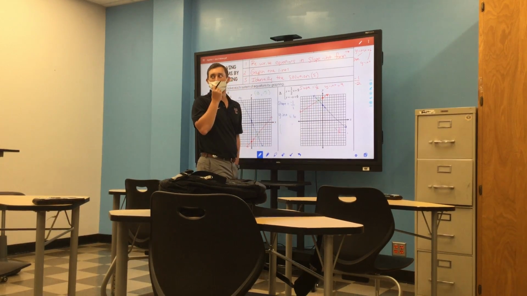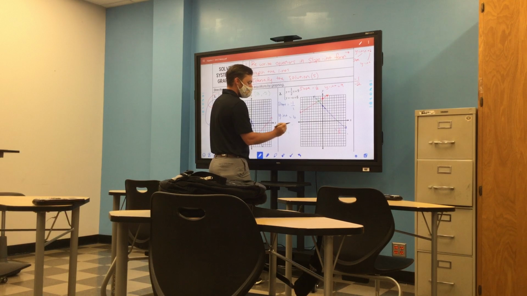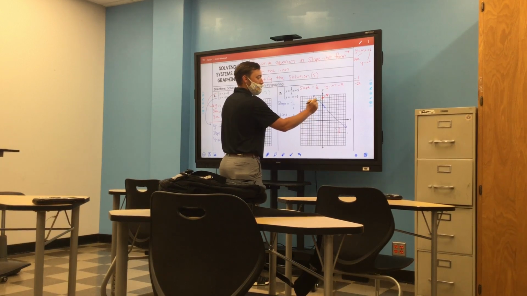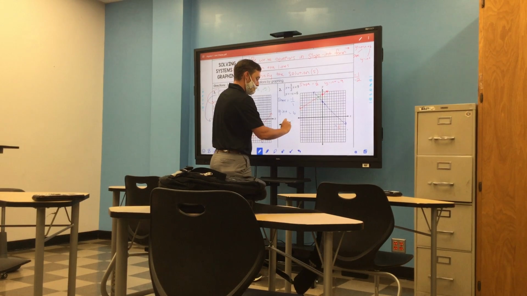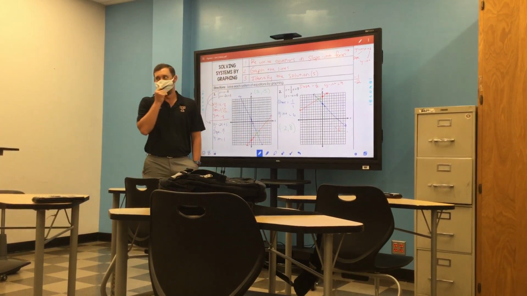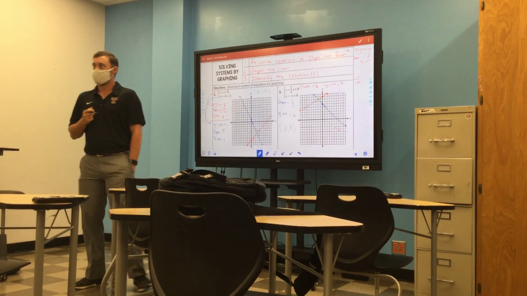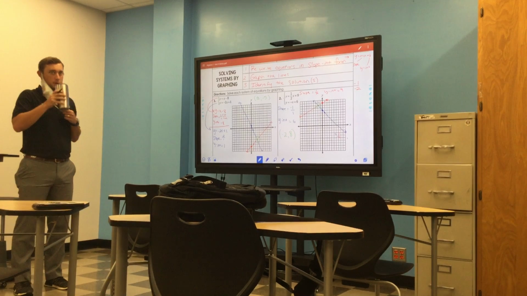What does that tell me my x value is? -2. Then from my x-axis, I'm having to go up 1, 2, 3, 4, 5, 6, 7, 8. What's my y value? 8. So my solution is at the point -2, 8. Everybody good on this problem? Yeah? Good?